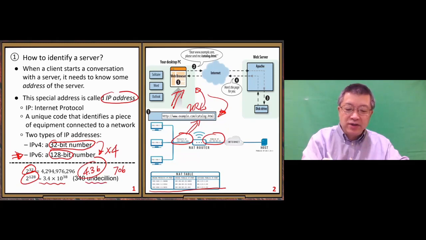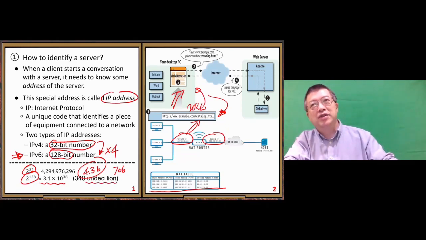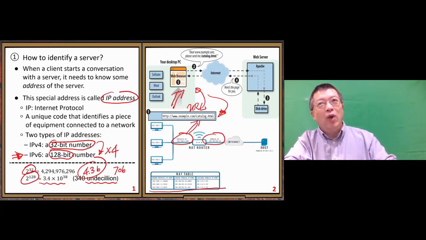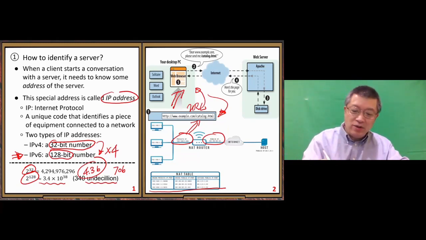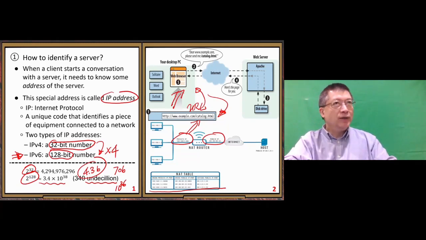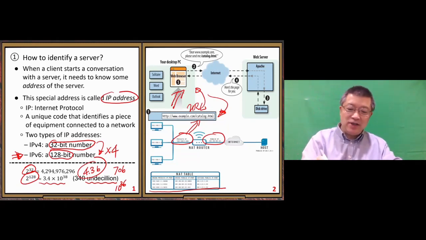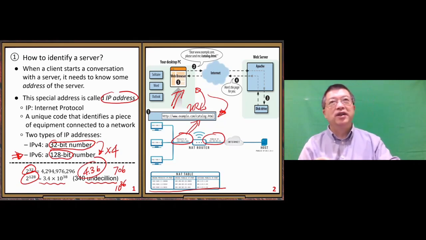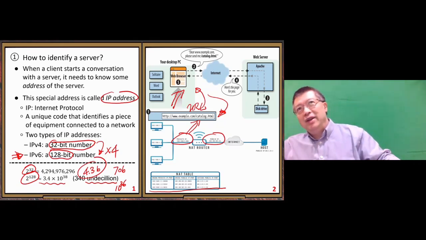Does anyone know the meaning of the word undecillion? How large is it? 1 undecillion equals 10 to the 36th power. From billion to undecillion, how many levels do you need to go?